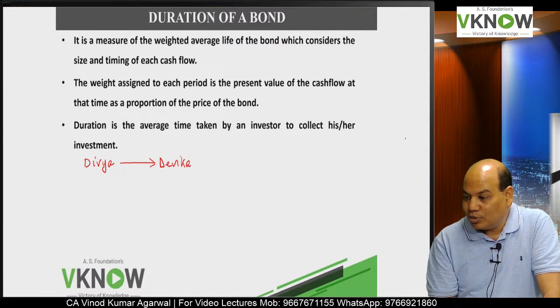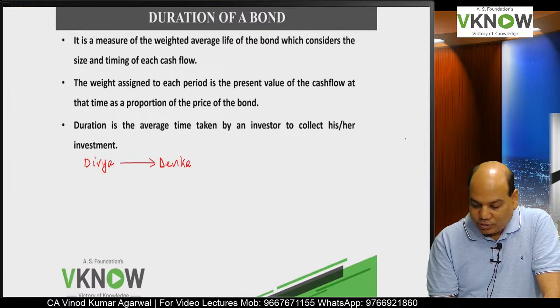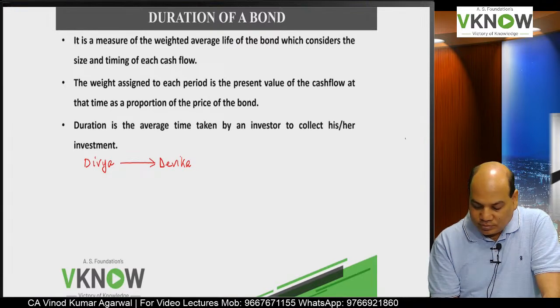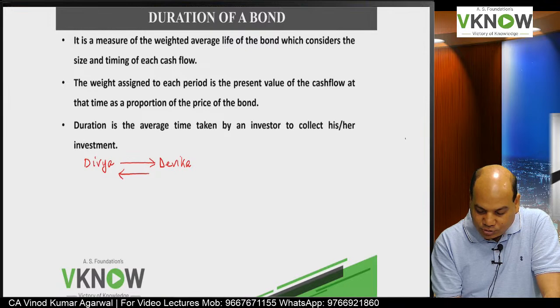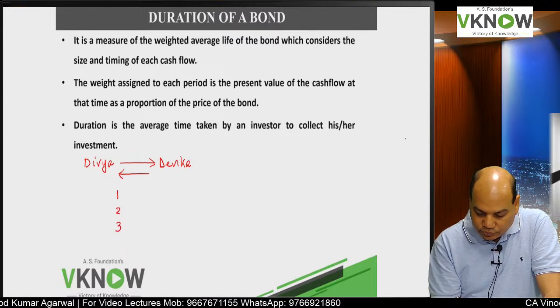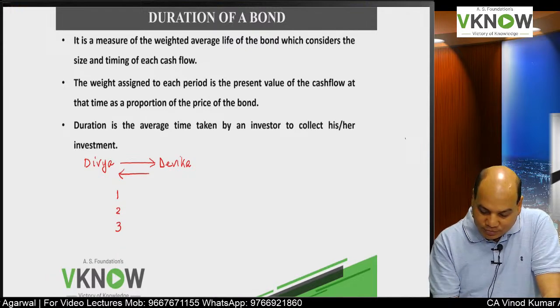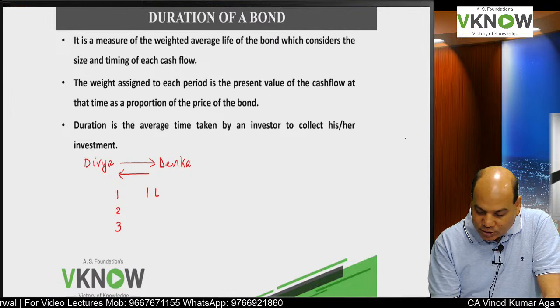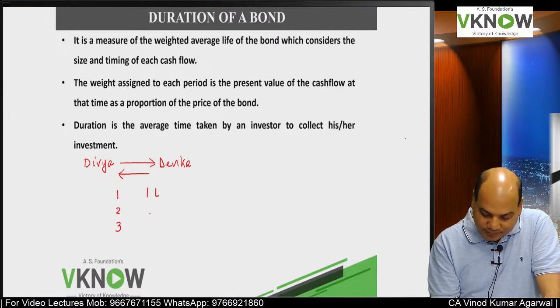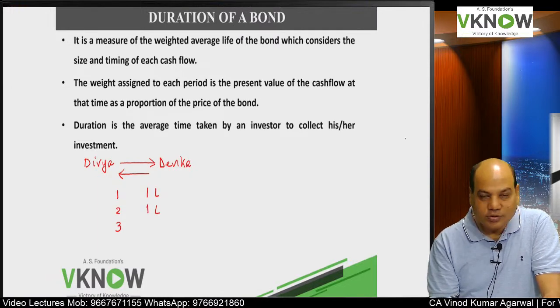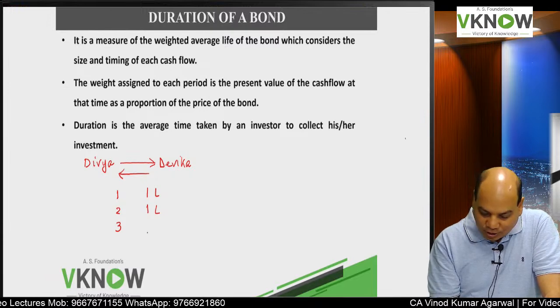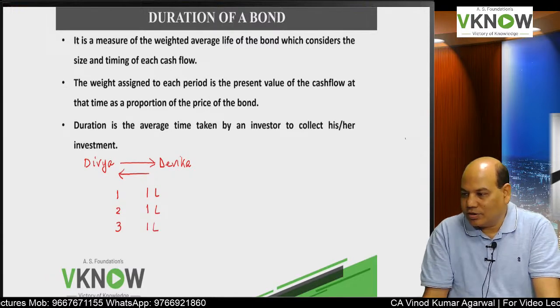Can you give me a loan of 3 lakh rupees? So Devika says, yes, I can give you 3 lakh rupees loan. But you have to pay it like this. You have to pay 1 lakh rupees after 1 year, 1 lakh rupees after year 2 and 1 lakh rupees after year 3.